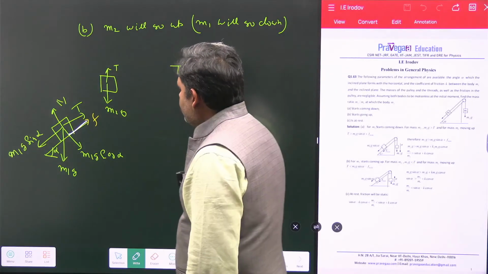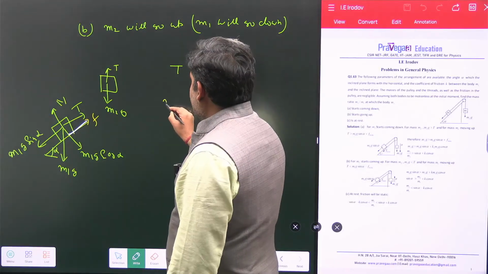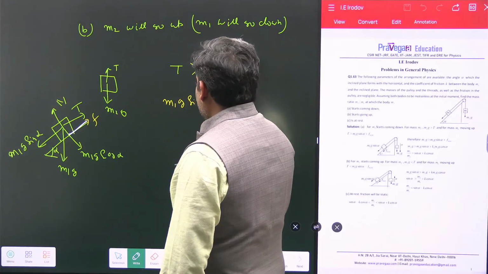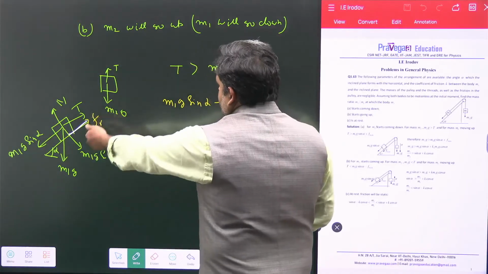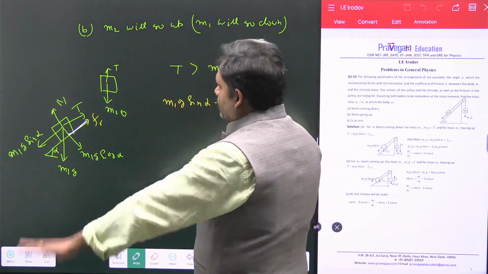What will happen? If it is going downward, that means M1G sin alpha minus frictional force, because frictional force has this direction, must be greater than tension. Then only it is going downward.